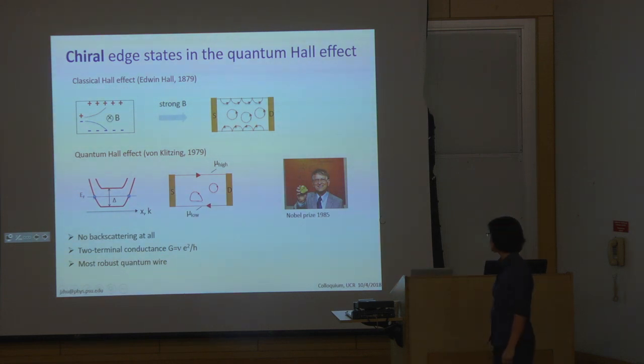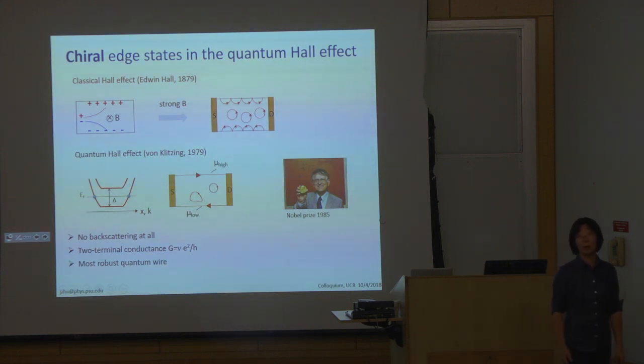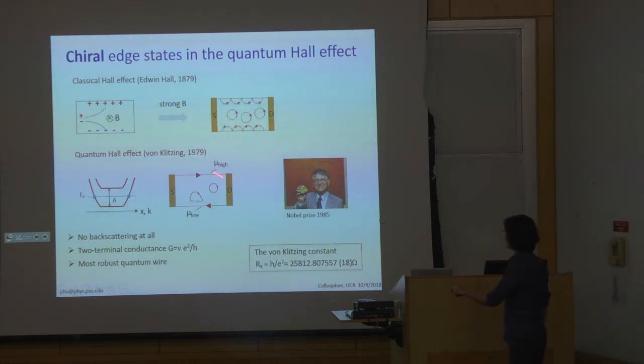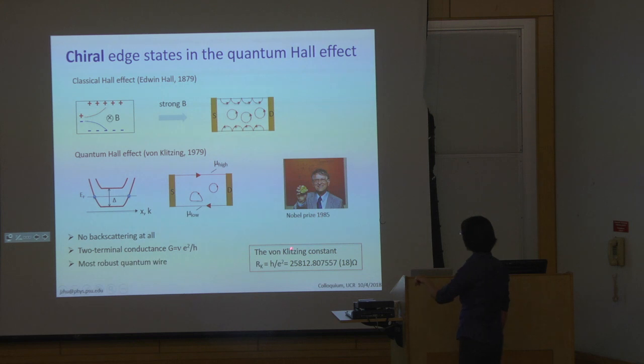You can figure this out. So the chiral edge states of quantum Hall is the most robust wires of all. In fact, this robustness is up to, I don't know how many digits here, about 10 to the 9 also. And that gives a good measure of this fundamental constant combination, h over e squared. That is a resistance of about 25.8 kiloohms.